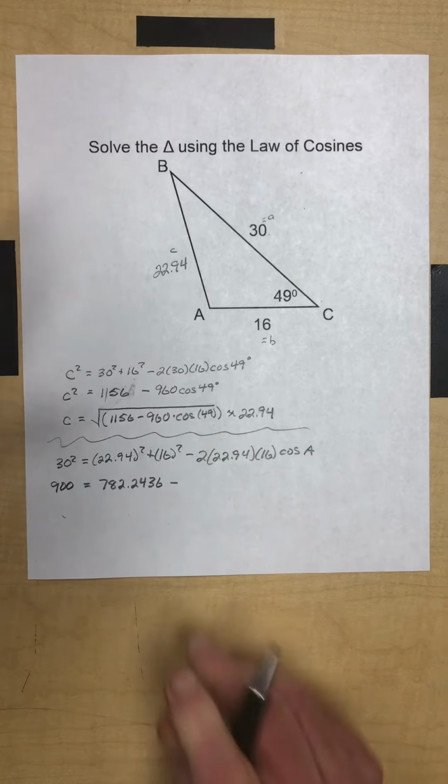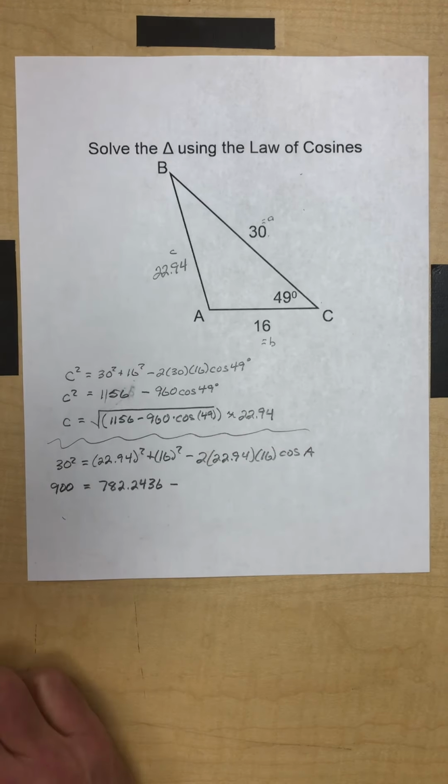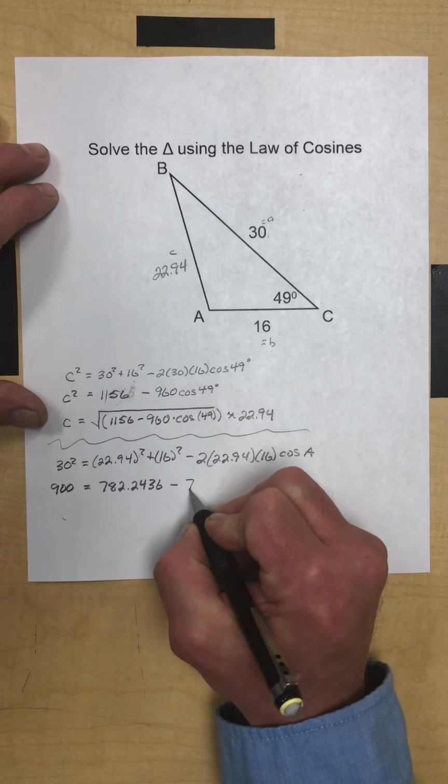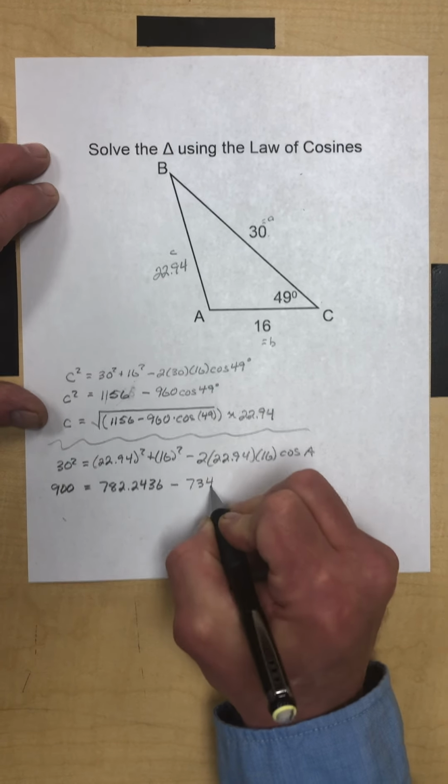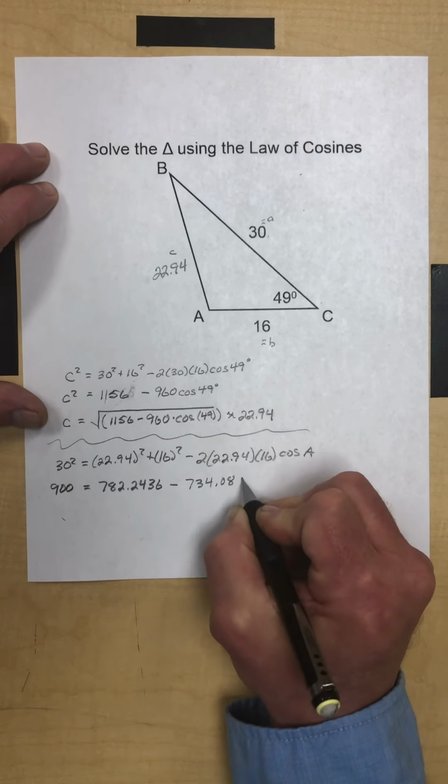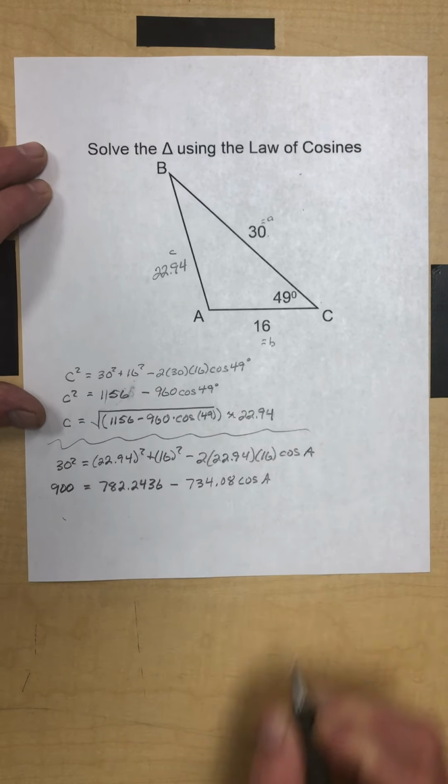Minus, I'm going to go 2 times this times this. So 2 times 22.94 times the 16. And I'm getting 734.08 times the cosine of angle A.